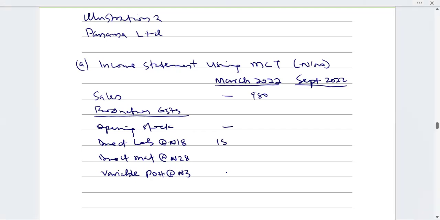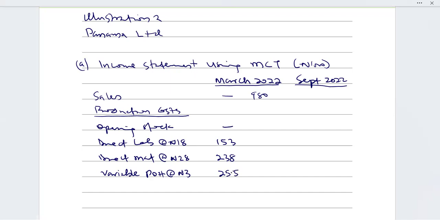Here is 153. Again, for direct material cost, 28 multiplied by 8,500 gives 238. Next, 8,500 multiplied by 3 gives 25.5.